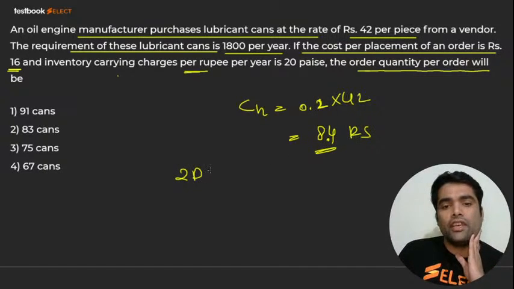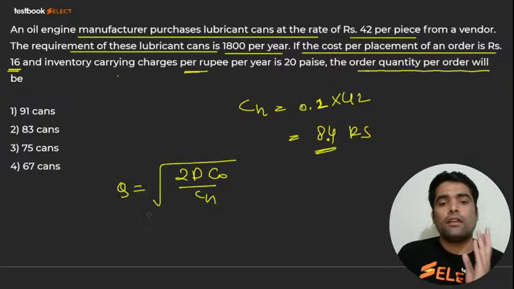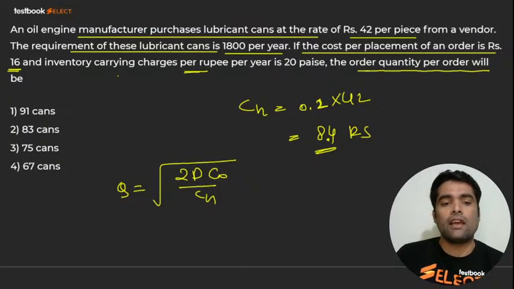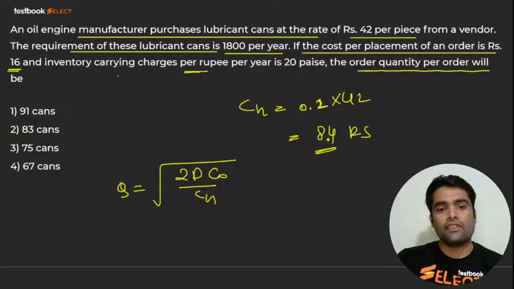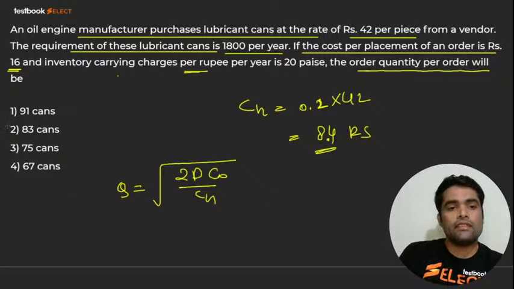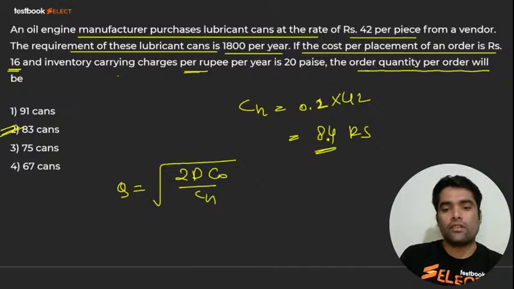Put the value in Q equals root of 2 D C0 by CH. Calculate Q, put the value, get the answer. And the answer is 83 cans. Is it 83 cans? Put the value, get the answer.